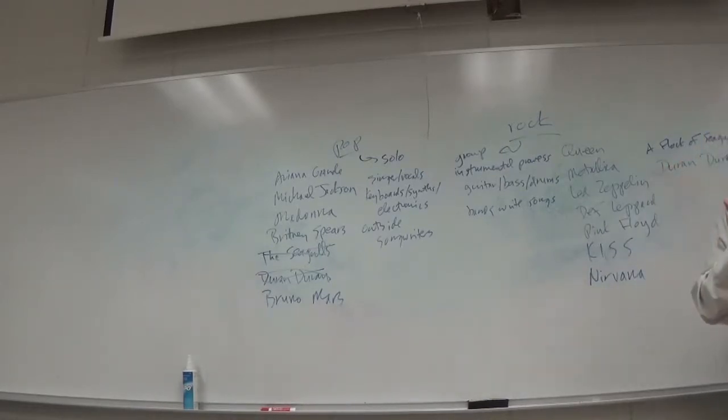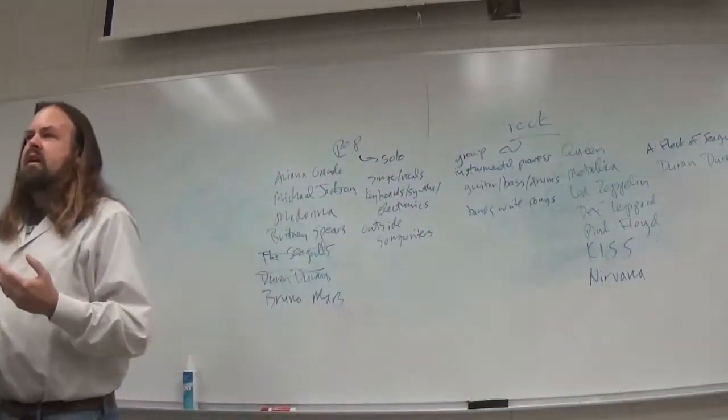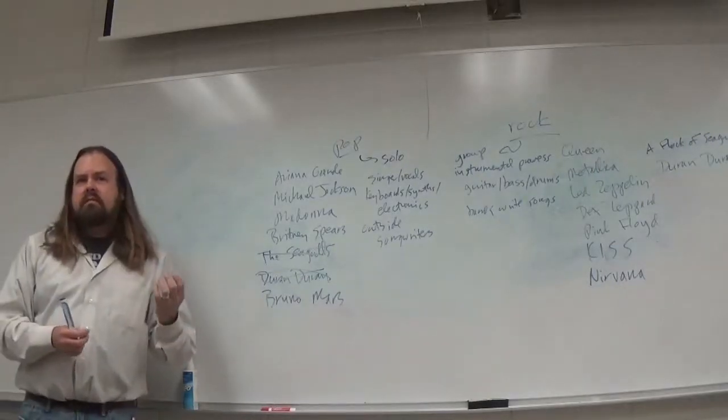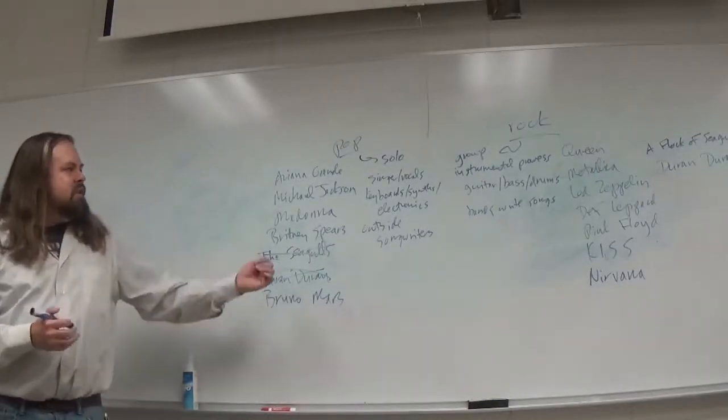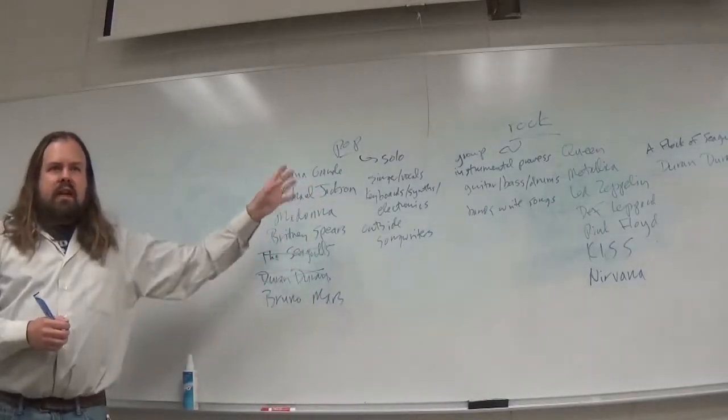Right? For example, how easy is it for a pop artist to do a decent cover of a rock song? Pretty easy. Happens all the time, right? And they don't change the chords or anything, right? They don't usually change the lyrics. What they change is the instrumentation and the manner of presentation.